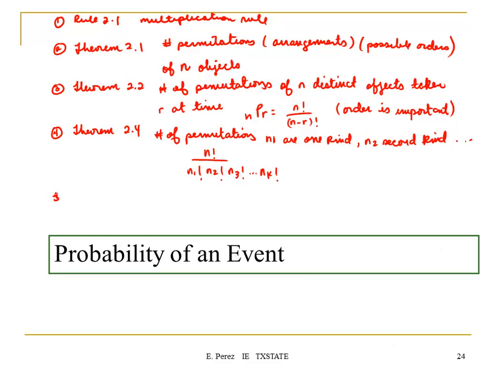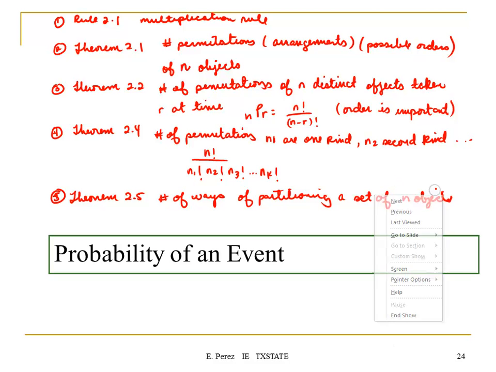In the same way, theorem 2.5 is to select the number of ways of partitioning a set of n objects into r cells.